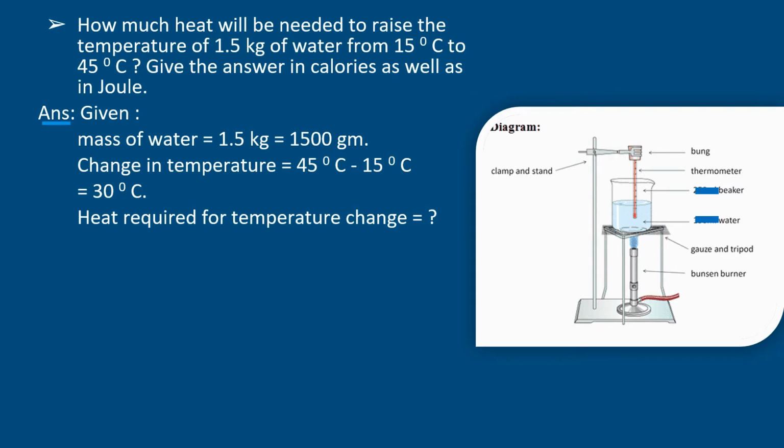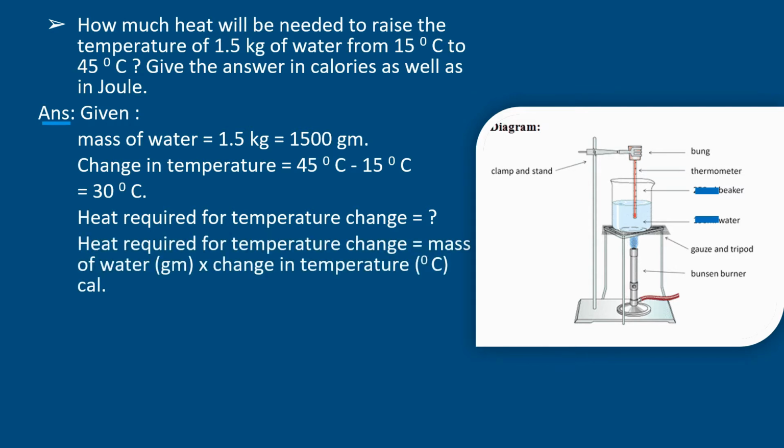And we need to calculate the heat required for the temperature change. The formula for that is mass of water times change in temperature, in the unit of calorie. So we substitute and multiply, and we get the answer as 45,000 calories.